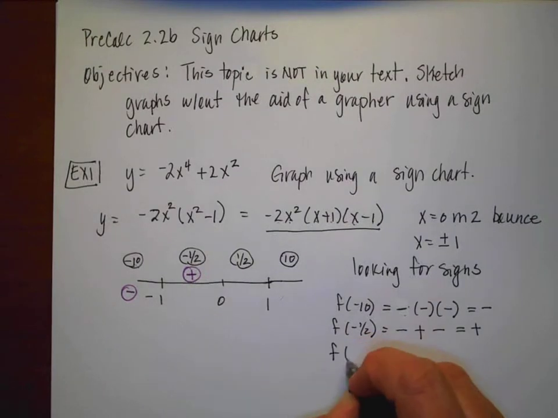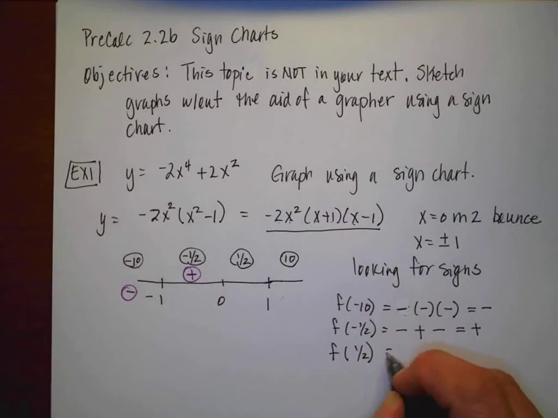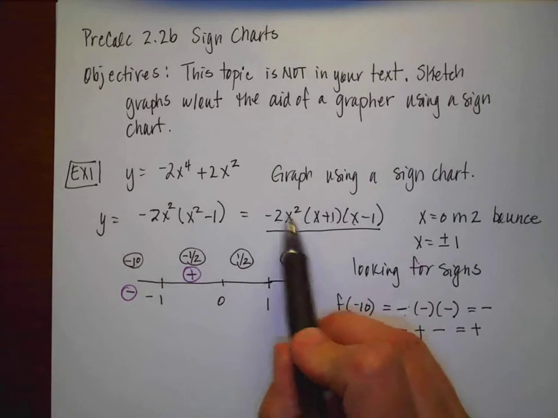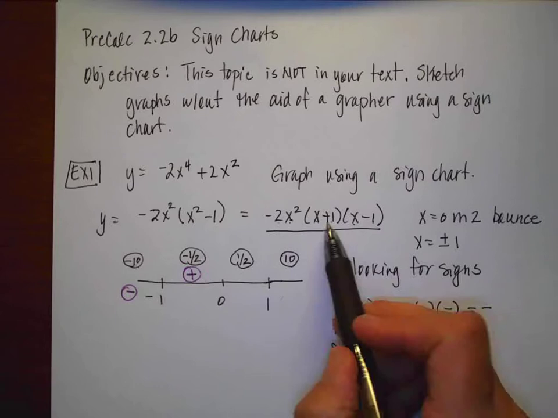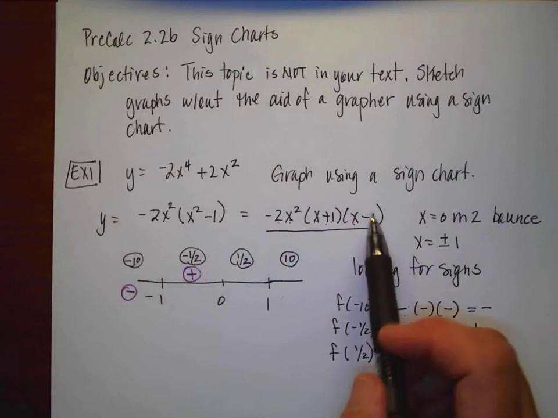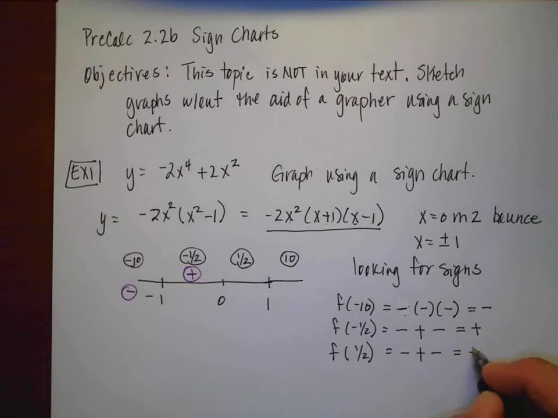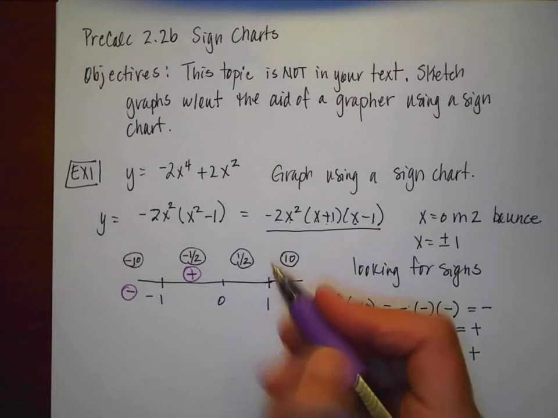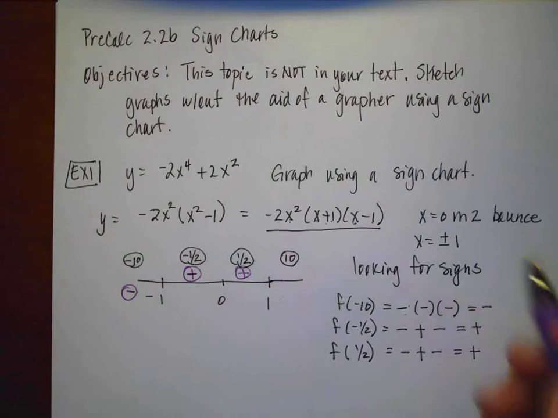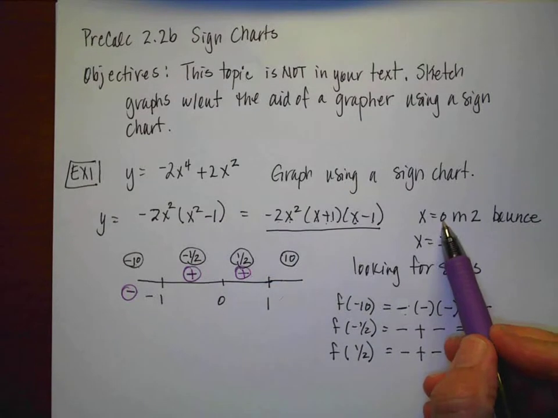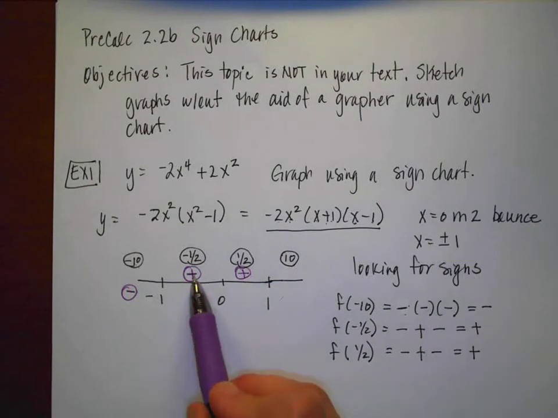Okay, now I'm going to evaluate the function at a positive 1/2: positive, positive, negative, and then a positive times negative is a negative. So this is also positive, and that's actually kind of interesting. So remember we talked about when x is equal to 0, it has a bounce.